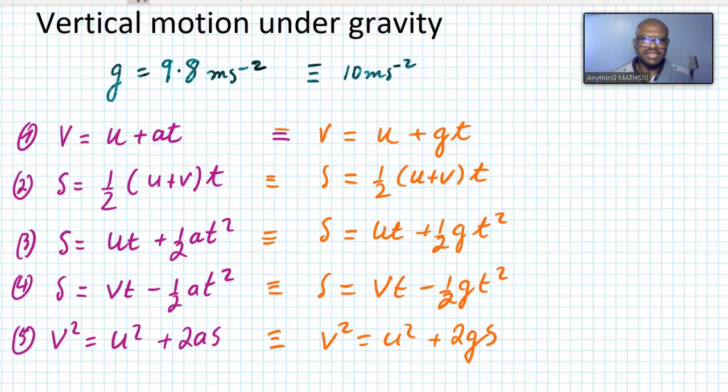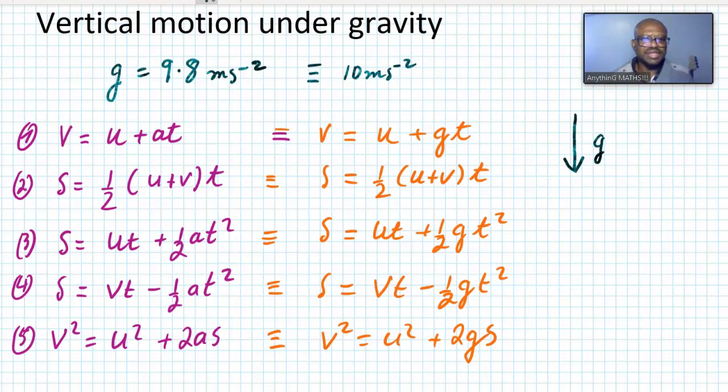I just want to remind you, when it comes to motion under gravity, that's the vertical, there's an idea of what we call a sign convention. We know that acceleration due to gravity is always coming down and doesn't change direction. But in calculations, we can adopt our own sign convention, and that can affect the sign of g.